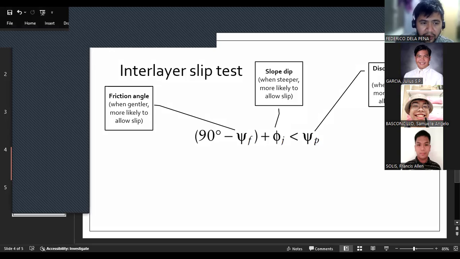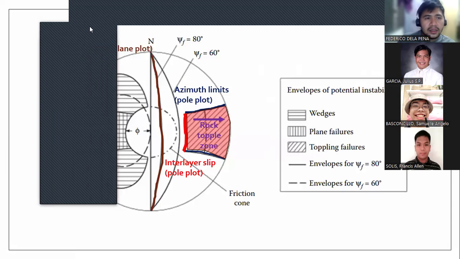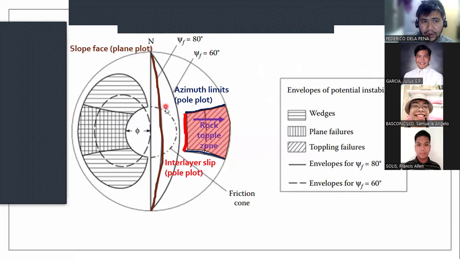so how do we express that in terms of the stereonet? Okay. So let's go through this one by one. This brown line is your slope face in the plane plot format. Okay. So this is your 18 degrees.